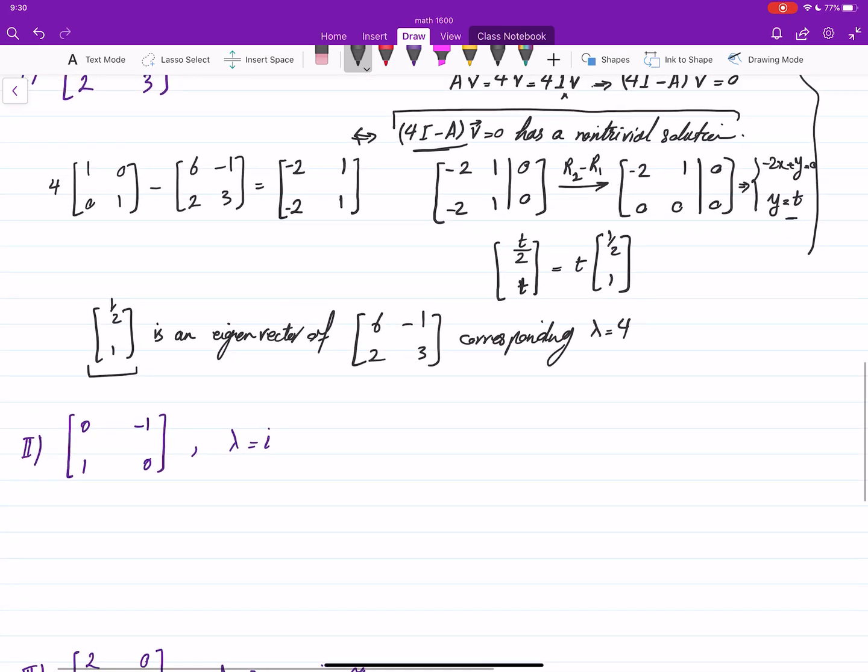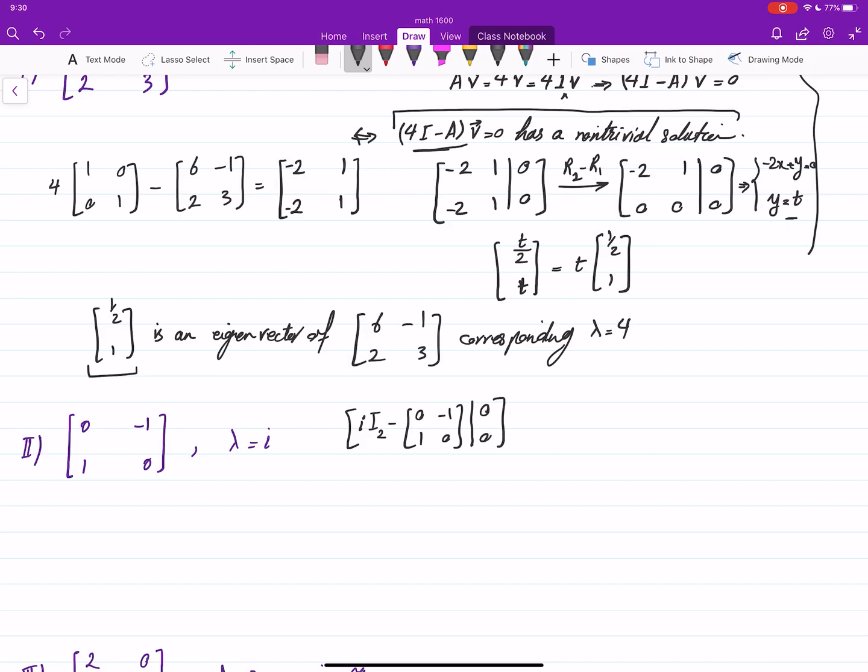How about this one? Okay, very nicely. This time we will do i times the identity matrix, so i times the identity matrix minus the matrix A, and make this augmented.